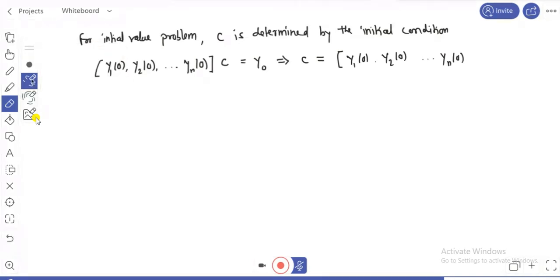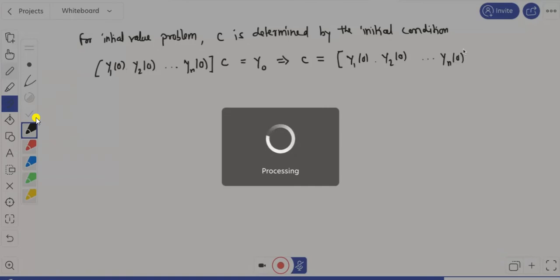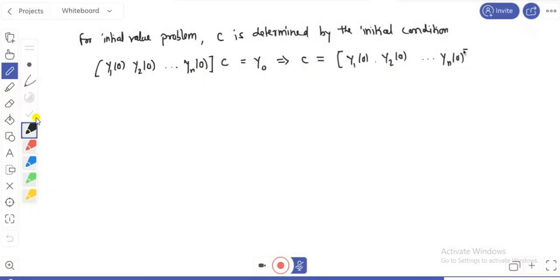So this is this inverse, and c equals this into y0, this one.